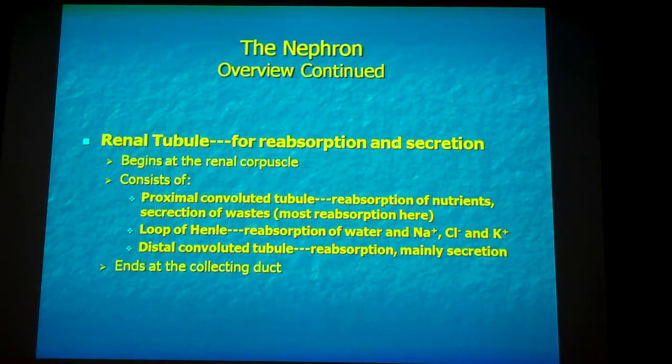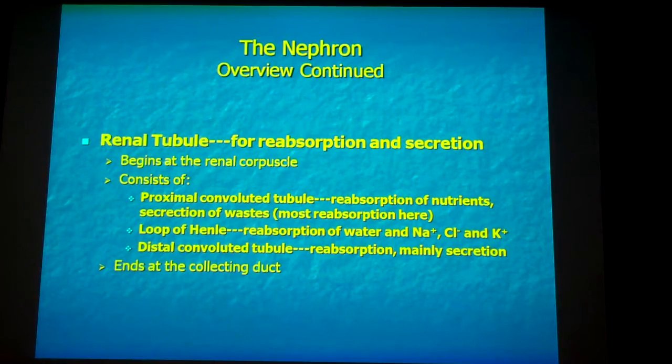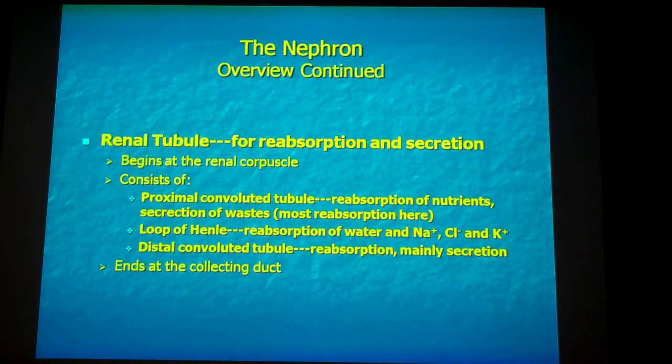There are some things that the body needs to get rid of that don't necessarily come out in the filter. But the tubular system has the ability to secrete things into the tubular fluid and get them out of the body. So secretion basically is a backup to reabsorption.